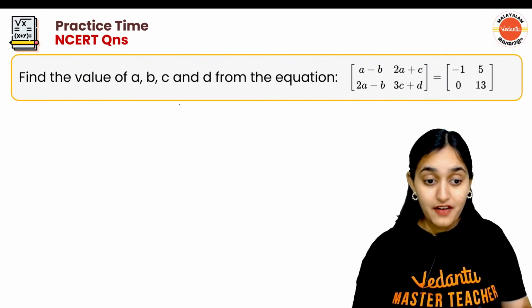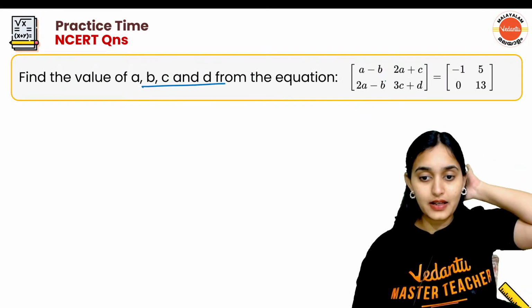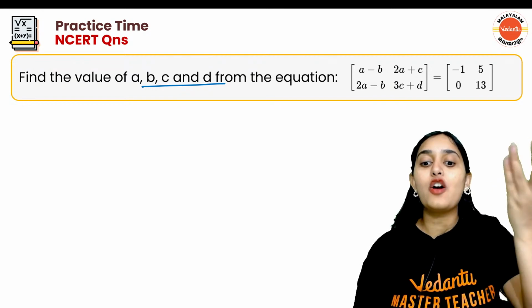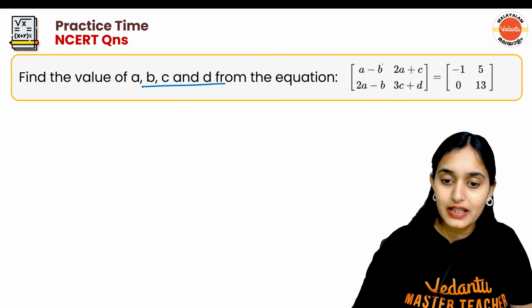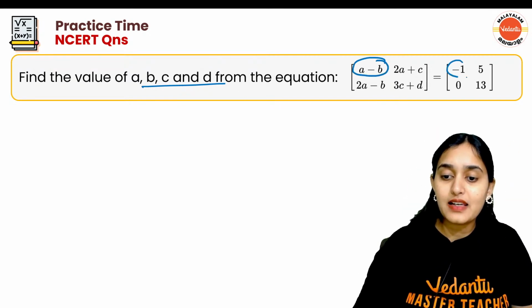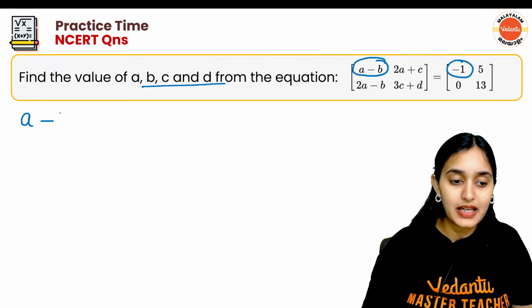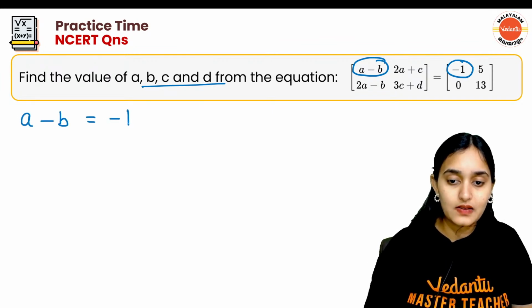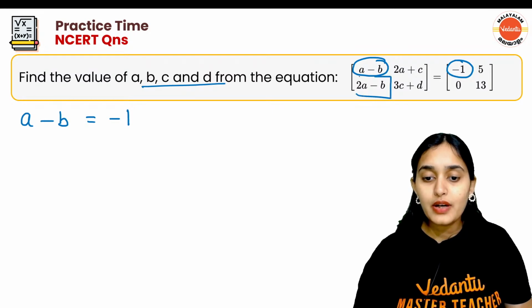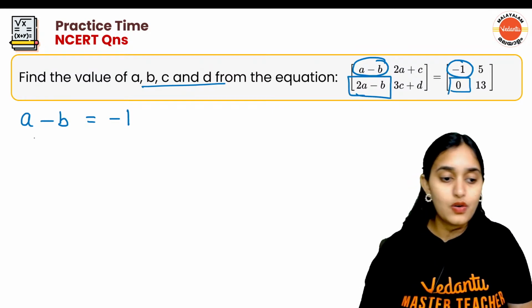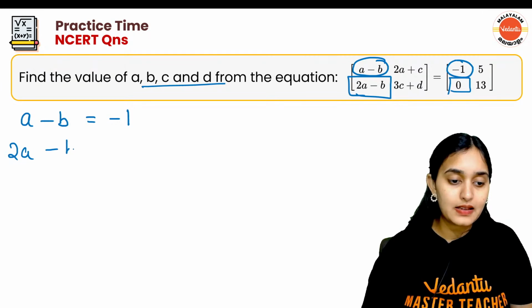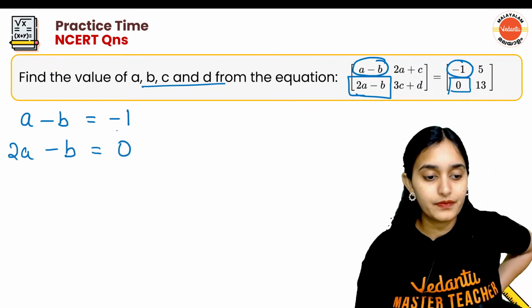Next question. Find the value of A, B, C, D from this equation. Now this is equality of a matrix. Let's do it. A minus B is equal to minus 1. 2A minus B is 0.